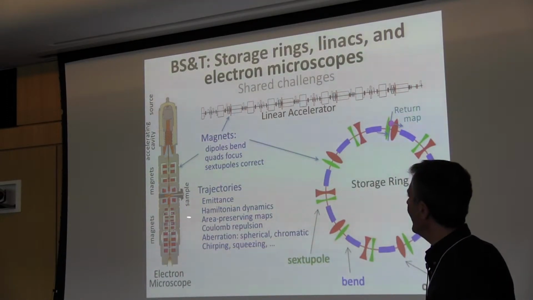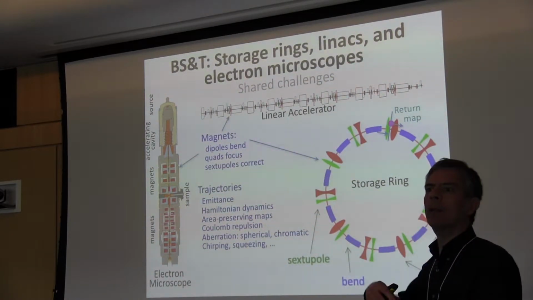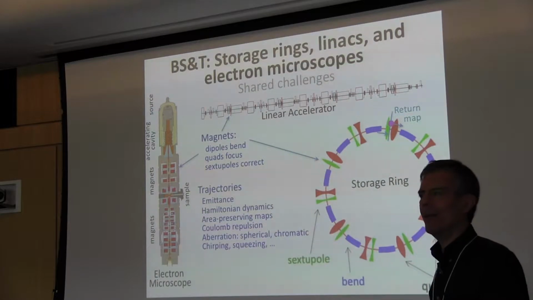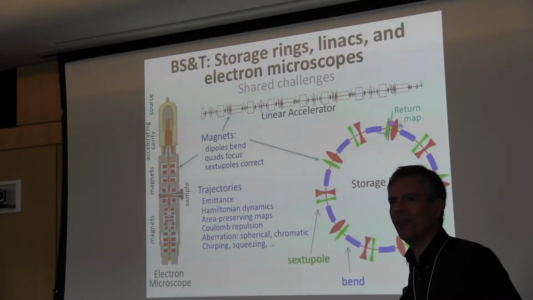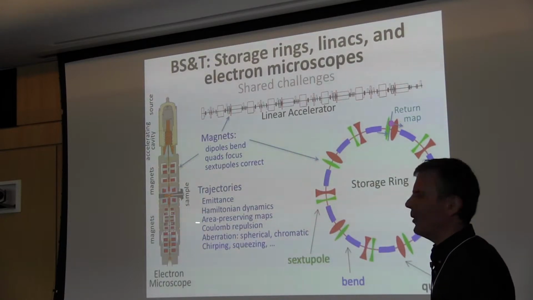The things you're interested in, the emittance that I'll talk a lot about, this is the Hamiltonian system. This is an energy-preserving motion. This is not damped pendulums. This is just the pendulum part. We represent them with area-preserving maps.